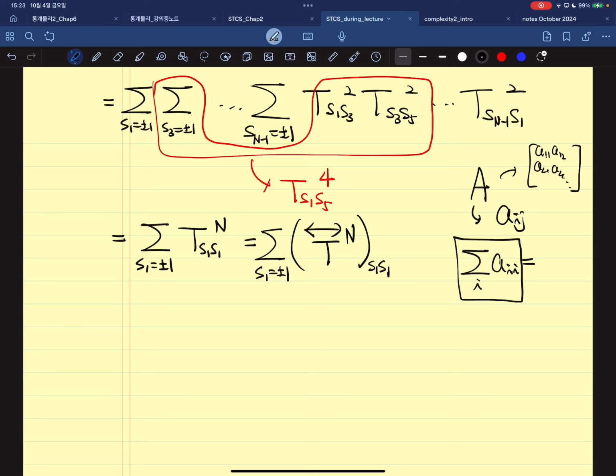This formula means the sum of all the diagonal elements, this one. The sum of the diagonal elements of the matrix. It's not as famous as a determinant, but it's called the trace. It may appear in quantum mechanics. So basically, this is a trace. So sometimes we denote it as the trace of the nth power of the transfer matrix.